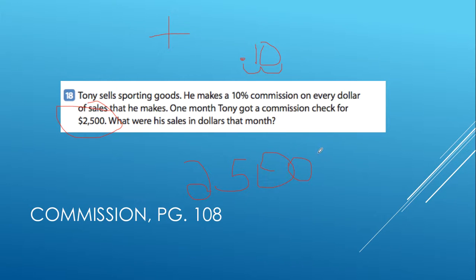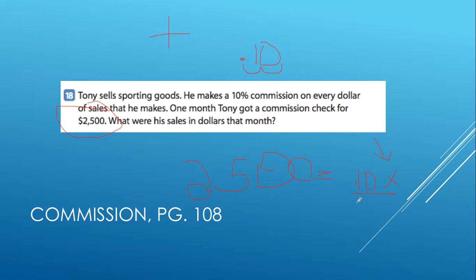I'm really bad at this. Equals 0.10 times X. Okay, X is the amount he sold, the amount of dollars. Okay, so we don't know that, X. And so in order to solve that, because this is multiplication, we want to do the opposite of that.